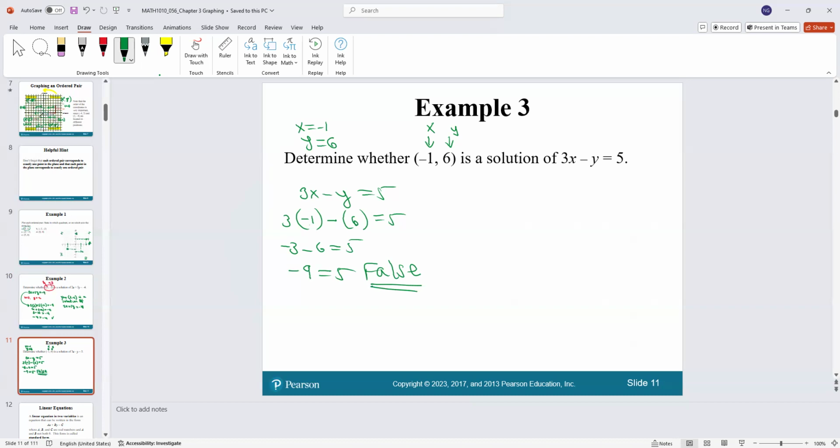So would you consider the ordered pair (-1, 6) a solution of the equation 3x minus y equals 5? No, we're going to say no. The ordered pair (-1, 6) is not a solution of 3x minus y equals 5, okay?